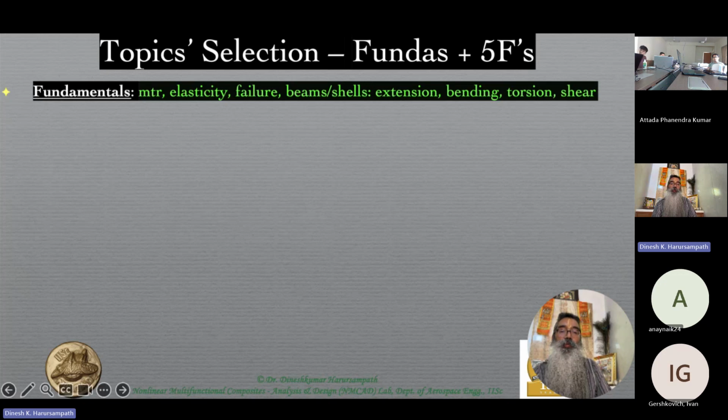And then we will move on to looking at failure, and this is something we will do in a very, very superficial way, relevant to the level at which we are studying this structural analysis. Most of the course will be dealing with the beams and the shells. And we will see, first of all, the reason why beams and shells are so important.